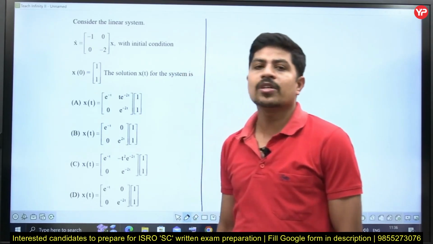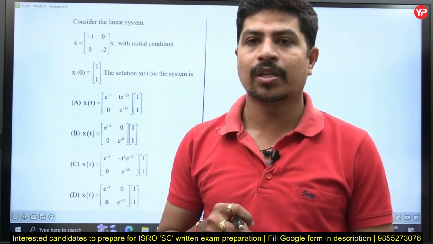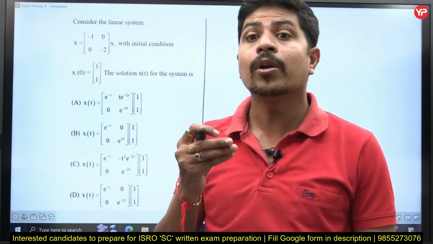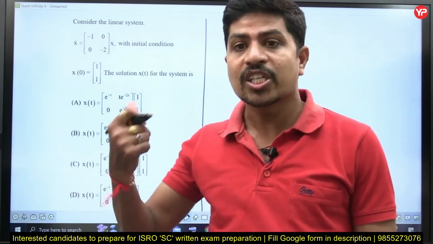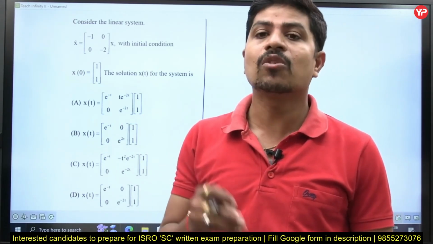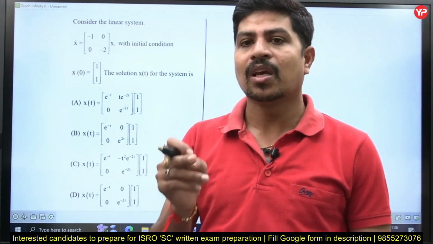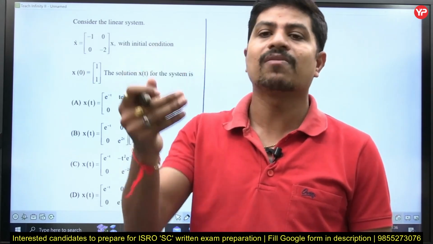A state equation is going to have two solutions. One is the zero input response: if input is 0, then the initial condition provides the output. Another one is the zero state response, which is because of input only, with no previous value, no initial value.